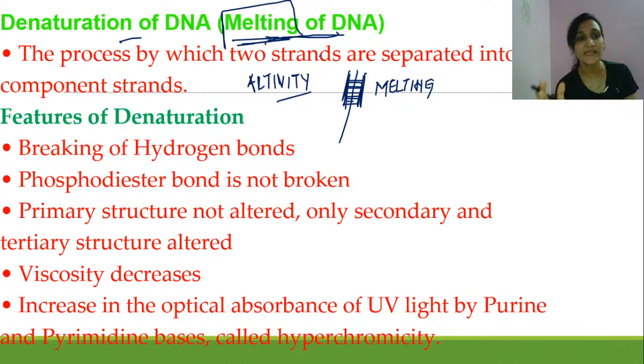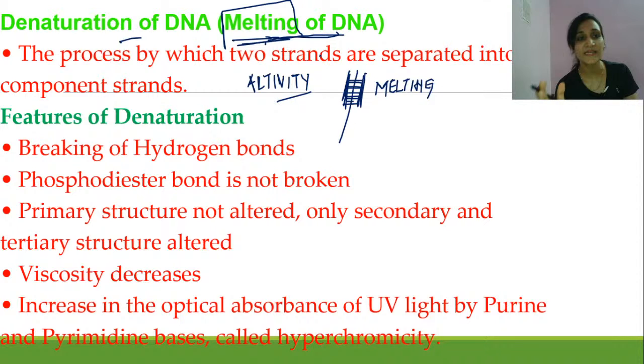Then what are the features? What happens in this melting? Hydrogen bonds are broken down. Phosphodiester bonds are not broken. Like in this structure we saw that the hydrogen bond is broken down, but the phosphodiester backbone remains as it is. Primary structure is not altered. This is the primary structure.